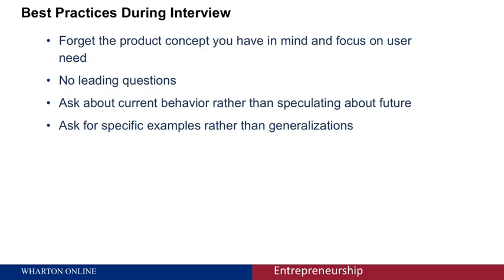And finally, try to be as specific as possible, both with your questions and try to get specific answers. So ask for examples when the answers provided are very general. So we're not looking for generalizations. We're looking for specific stories that can then lead to interesting insights about user needs.